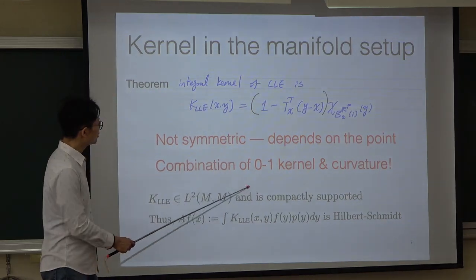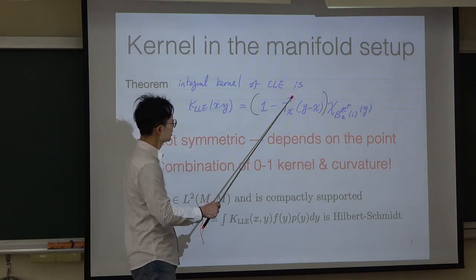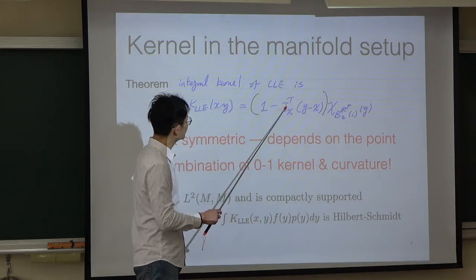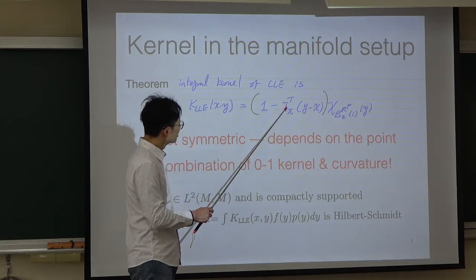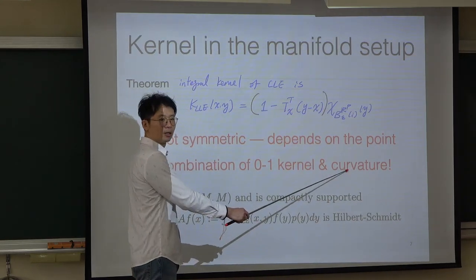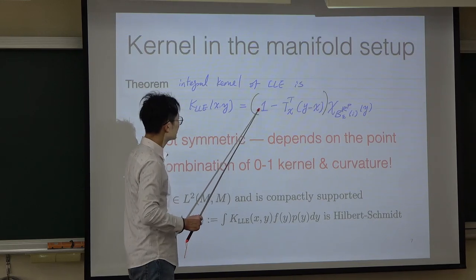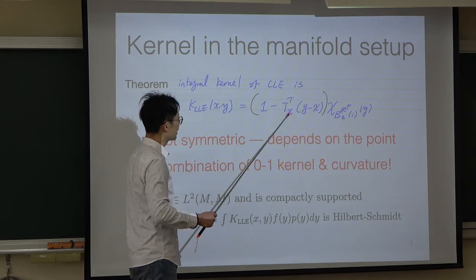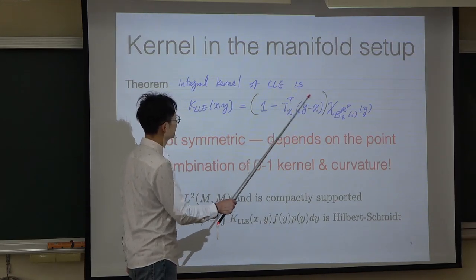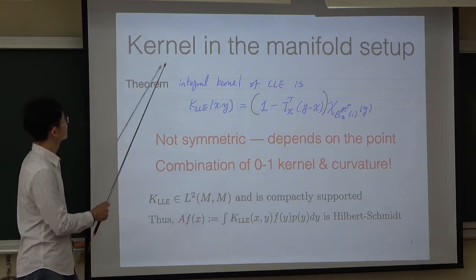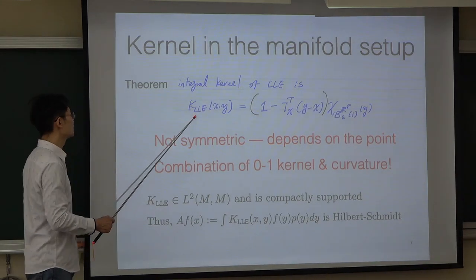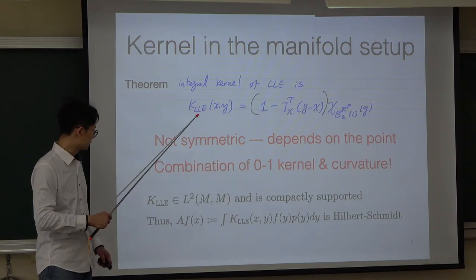But now, you have Tx. And what is this Tx? As we will see in a bit, this Tx, this augmented vector, actually captures the curvature. So what you get is a 0-1 kernel corrected by the curvature. And we will see why this is a curvature in a bit. But this is actually the kernel, or we call it the LLE-kernel, associated with the LLE algorithm.